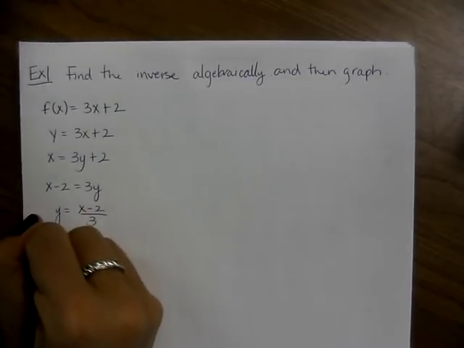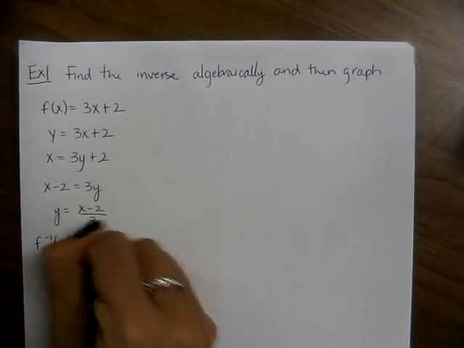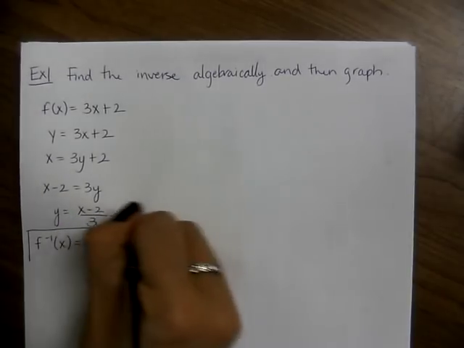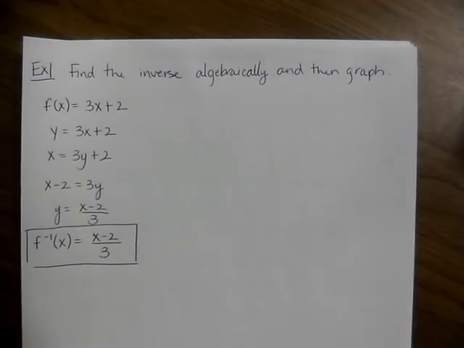So you write the inverse of f of x equals x minus 2 over 3. Okay, so this is the first part. Everyone okay with that?